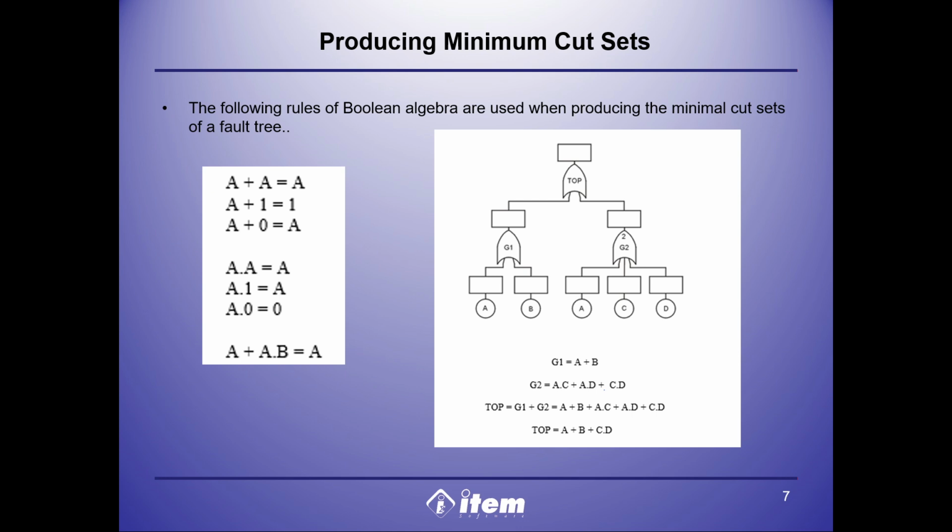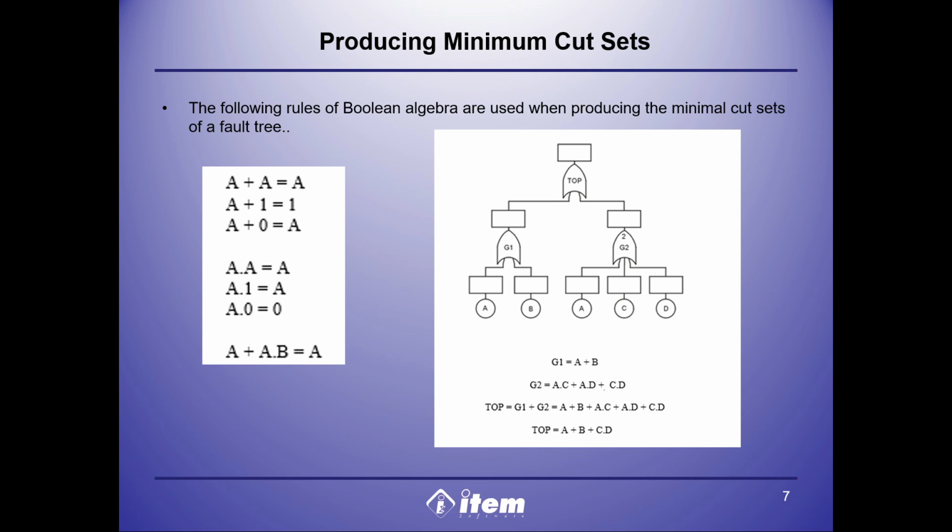According to the absorption rule, because the failure of component A alone is sufficient to trigger the top event, the operational states of C and D in those longer scenarios are completely irrelevant. The smaller cut set completely absorbs the larger sets A times C and A times D.